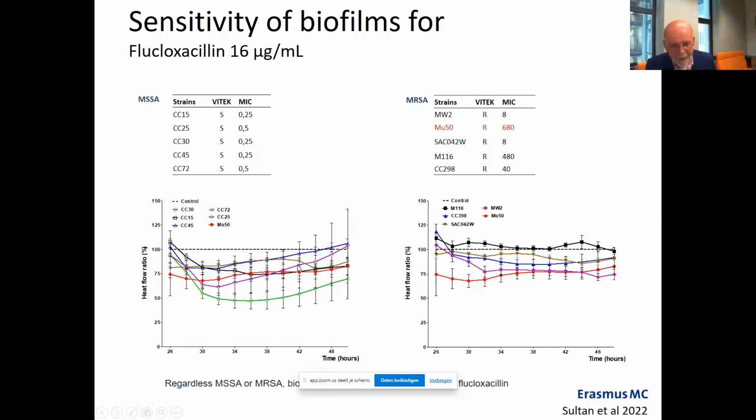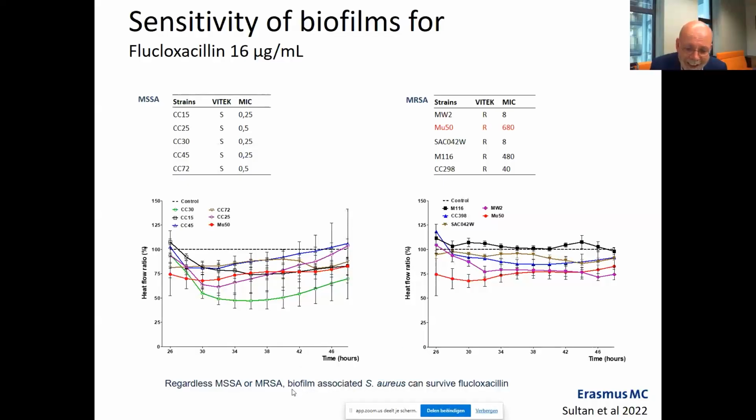So, unfortunately, regardless of being an MSSA or an MRSA according to the classic approach, biofilm-associated Staph aureus can survive concentrations of flucloxacillin that are maximally reached in blood. Why is this?